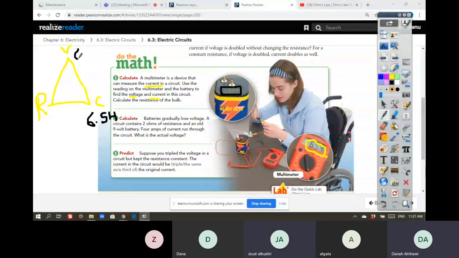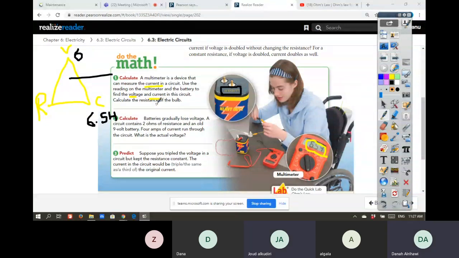6 volts. So what is the equation I have now? Division or multiplication? If I have 6 at the top and 6.54, what? Division. Amazing. So it will be 6 over 6.54. It's almost less than 1.